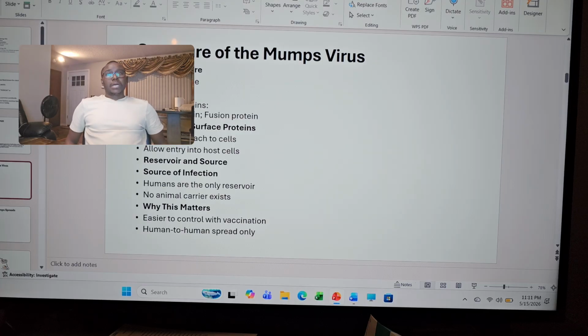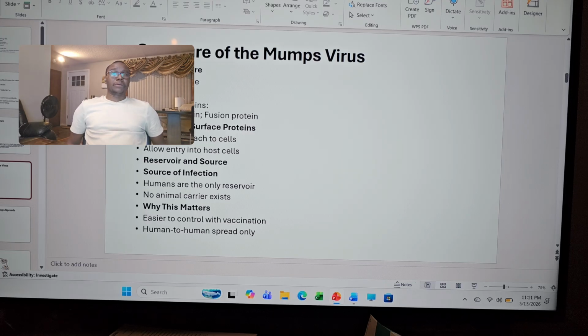Some of the structures of the mumps virus. Viral structure: it has a lipid envelope, RNA genome, and surface proteins, and among the surface proteins are the HN protein and the fusion protein. What are the functions of surface proteins? They help the virus attach to the cell.